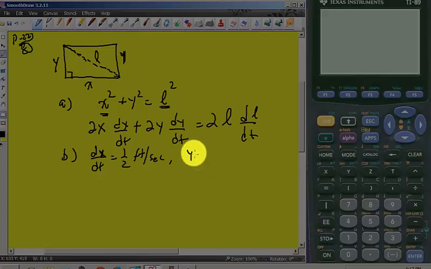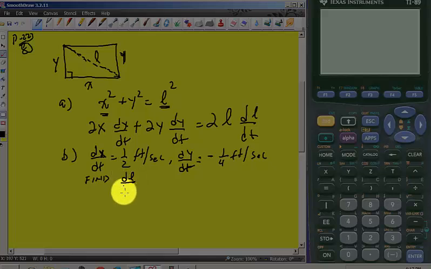That means dy/dt is going to be negative 1/4 foot per second. They don't tell you it's negative, but you have to put in the negative. How fast is the size of the diagonal changing? So L is the diagonal. They want you to find the change in the diagonal.